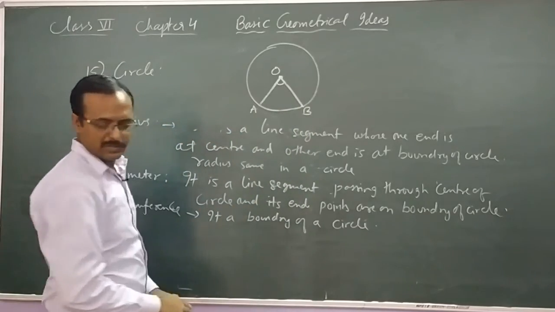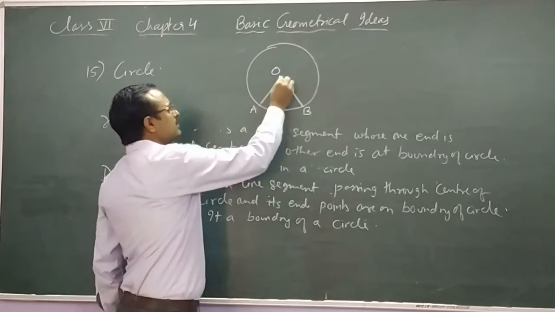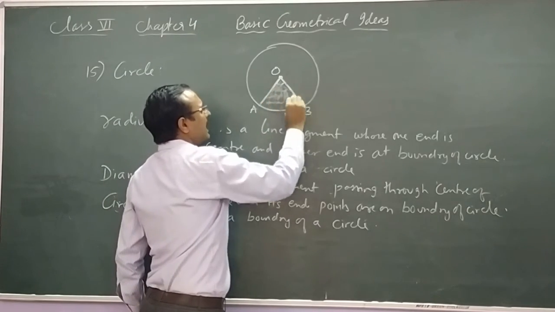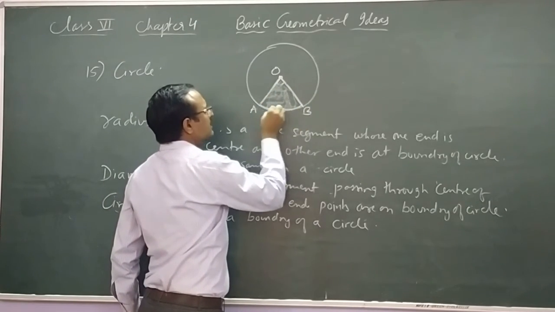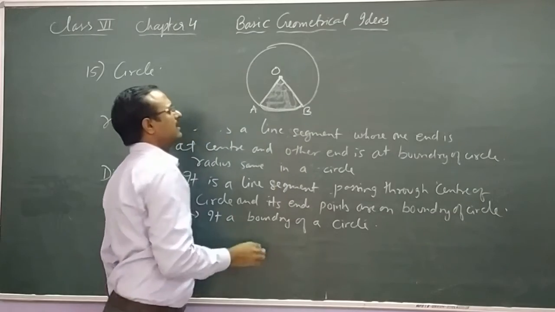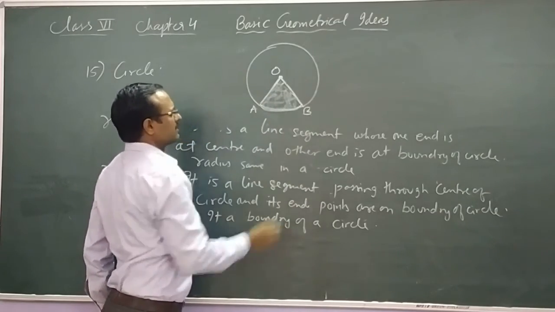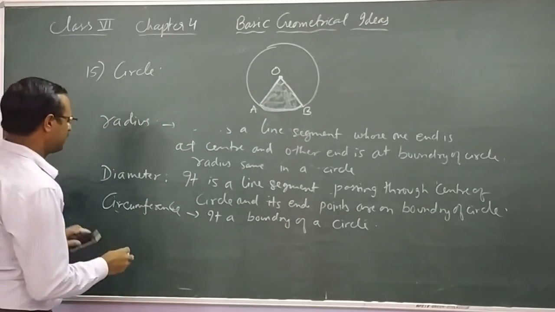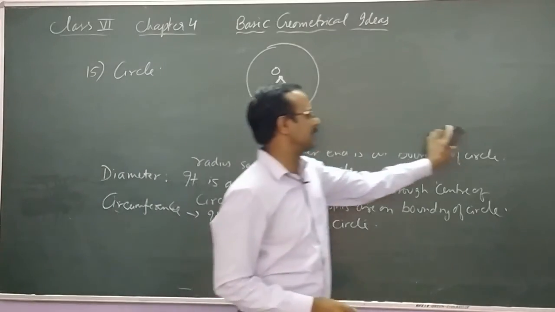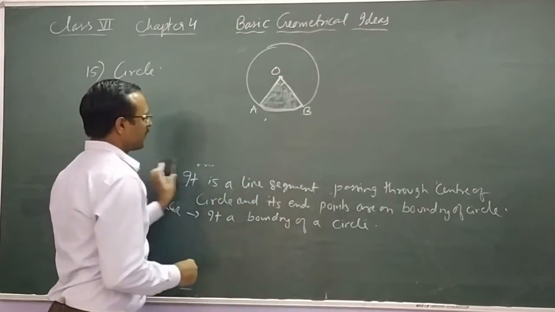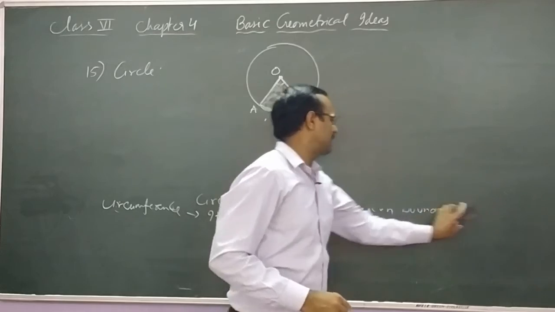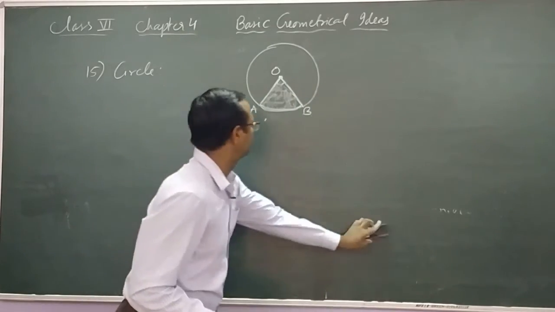The region or the portion between these two radius and this circumference or this arc will be called a sector. So what is the sector? Sector is a region which is bounded by two radius and an arc of a circle.